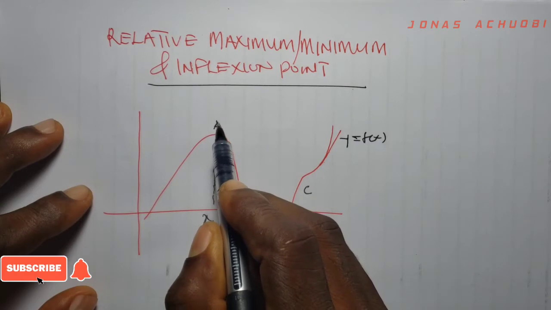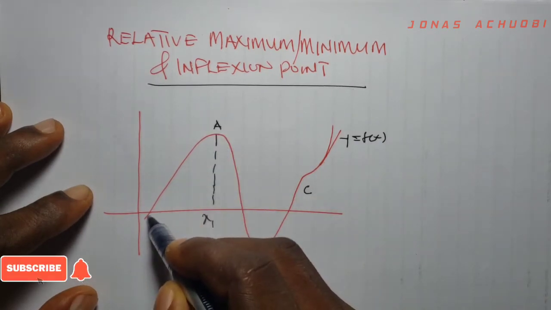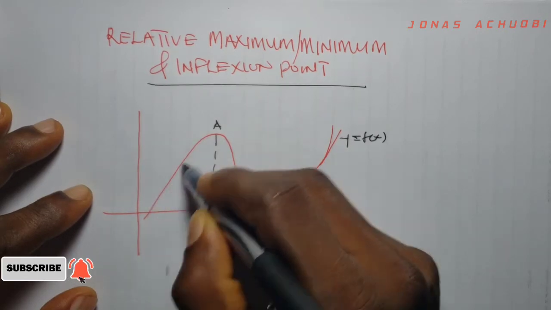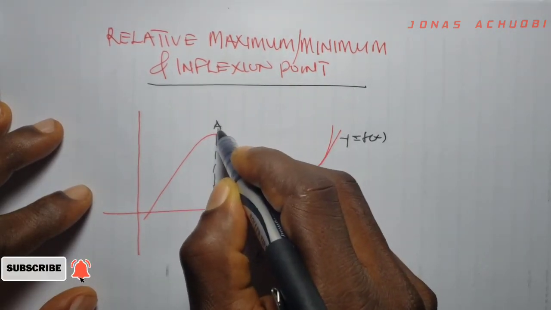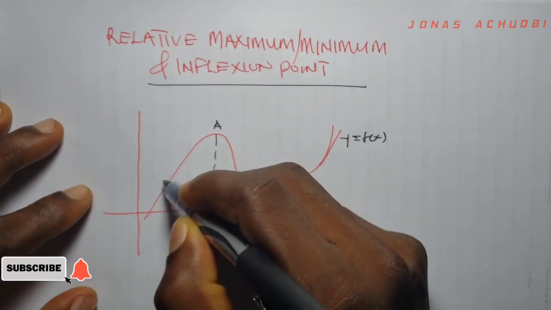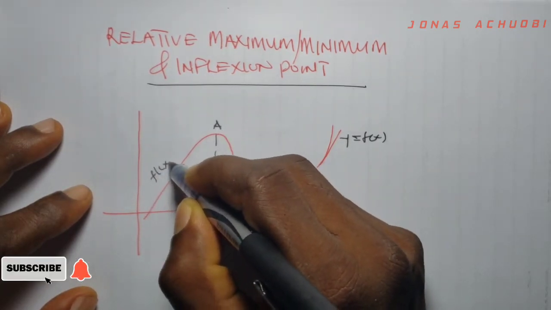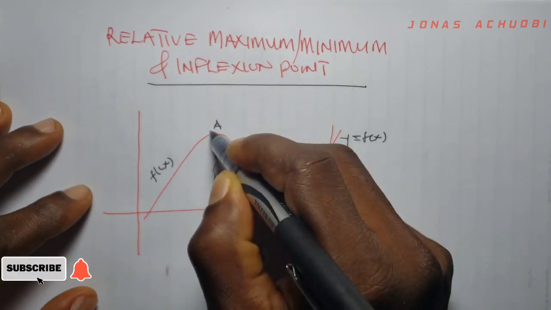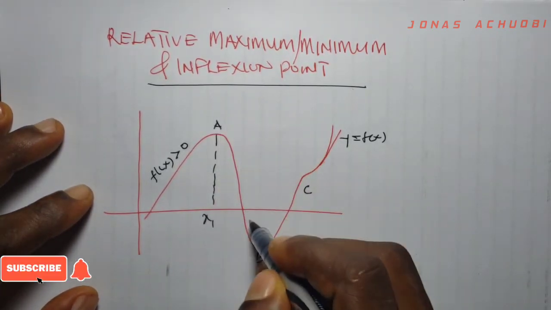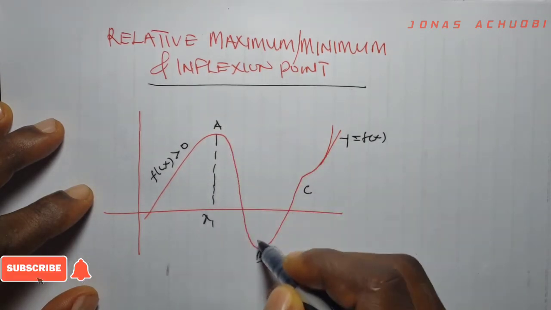We know that at this point A, since the graph rises to point A, it means that the graph is increasing to the left side of this critical point. Since the graph increases to the left of point A, it means that the derivative or the slope of the graph to the left of A is what? Positive. And to the right of A, the graph is decreasing.